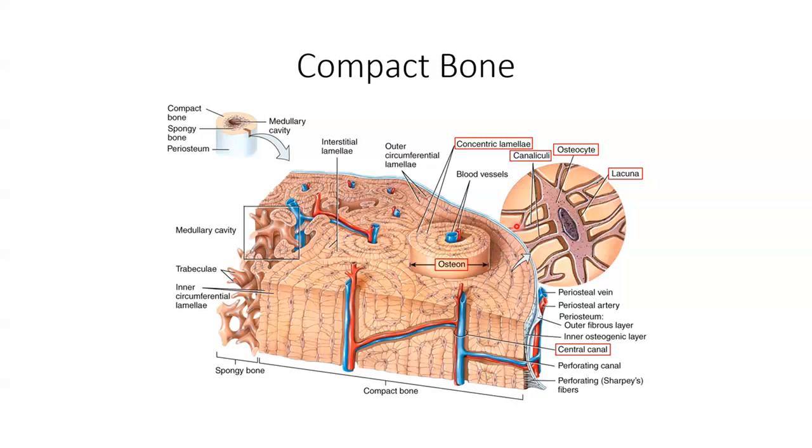Lastly, blood vessels and nerves from the periosteum, so remember the tissue that surrounds our bone, penetrate into the compact bone through transverse perforating canals. You may also see these termed Volkmann's canals. The vessels and the nerves of the perforating canals will connect with those of the medullary cavity, of the periosteum, and of the central canal.